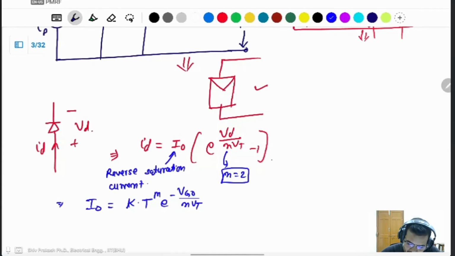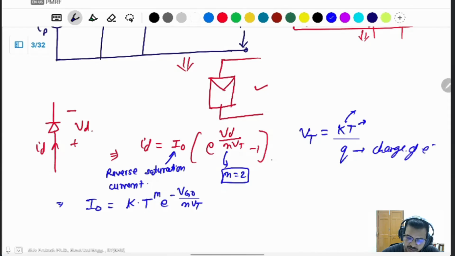Q and VT: VT is the thermal equivalent voltage, like KT by Q. K is the Boltzmann constant, T is the temperature in Kelvin, and Q is the charge of the electron.